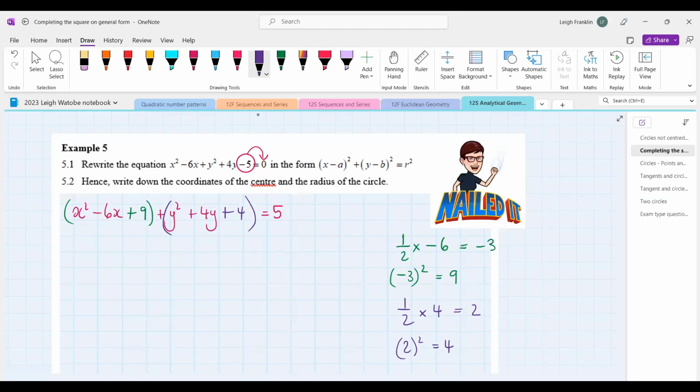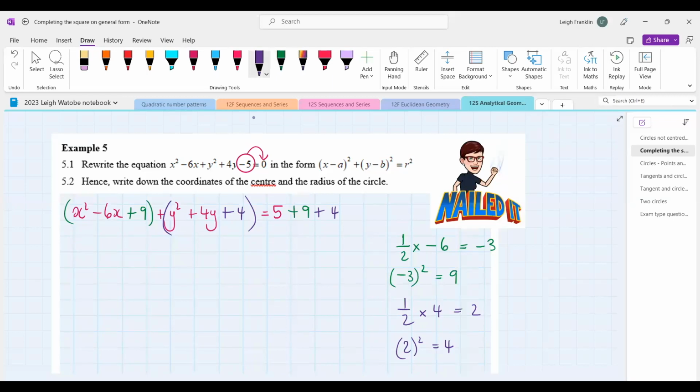But this entire thing is an equation, so what I do to one side, I have to do to the other side. When I add 9 to the left, I add 9 to the right. When I add 4 to the left, I add 4 to the right-hand side as well.